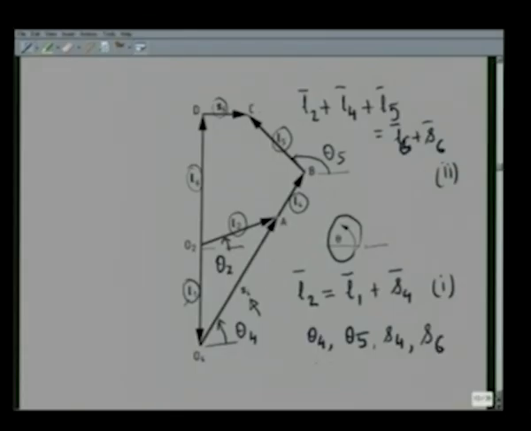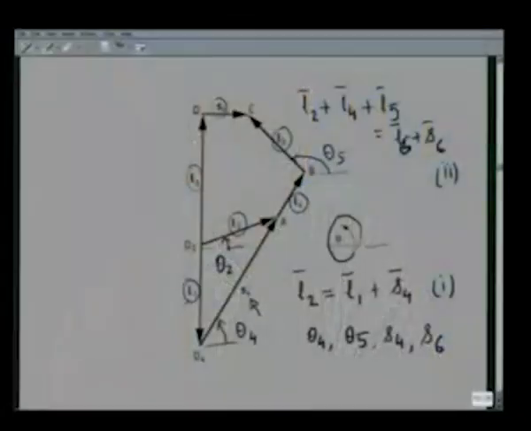So, these are the 4 scalar unknowns which can be solved using these 2 vector equations. That is how we carry out the kinematic analysis through analytical methods. Later on, we will solve some more different types of problems and show the use of this loop closure equation and the vector representations of link lengths.